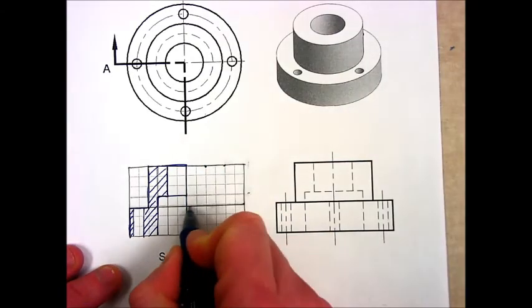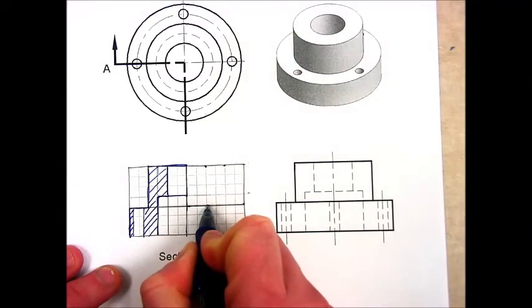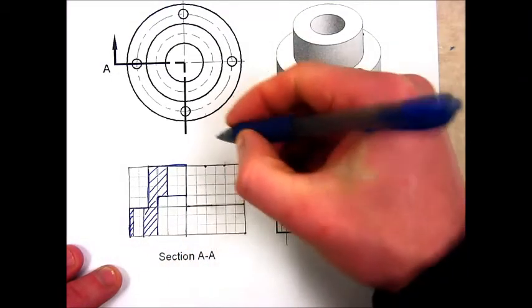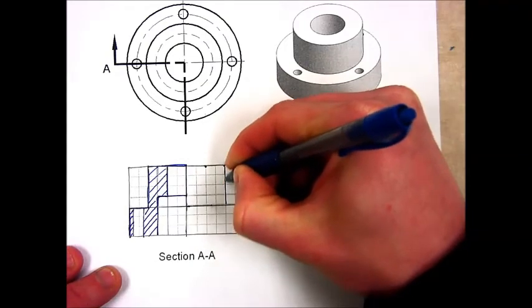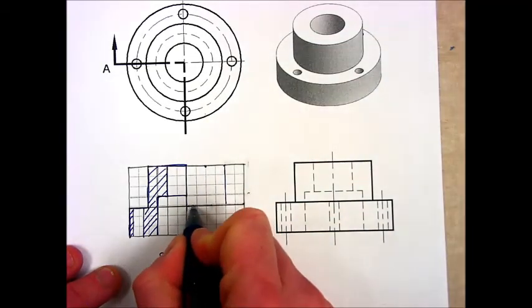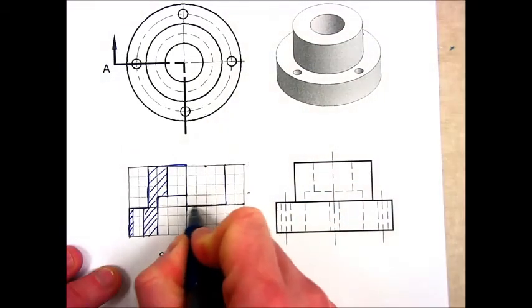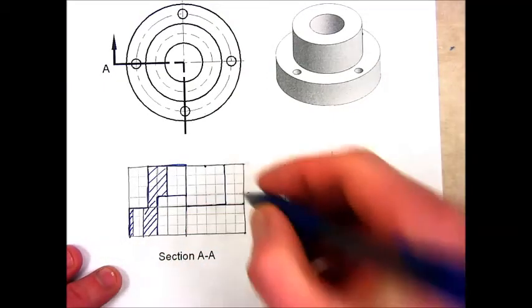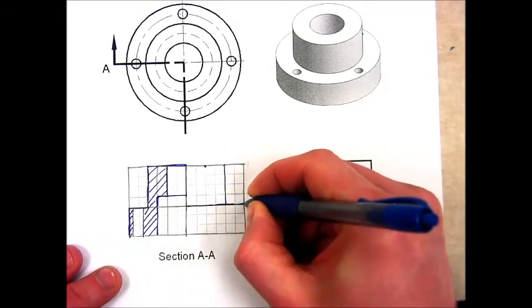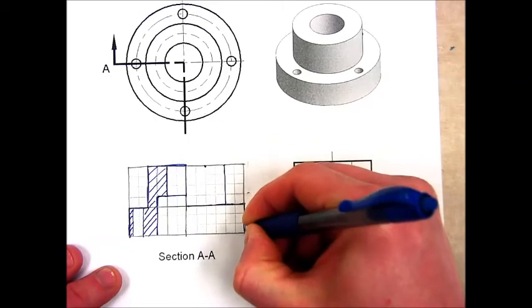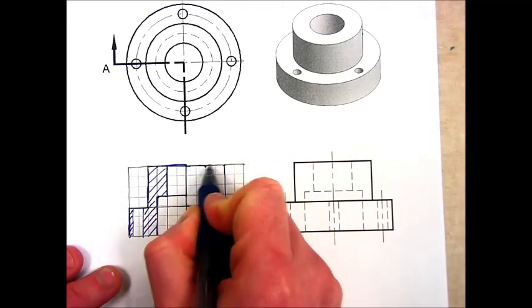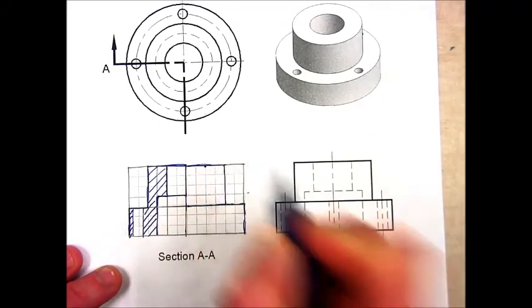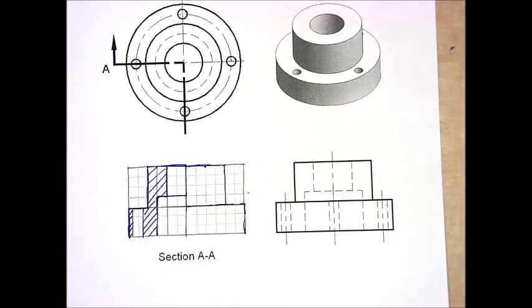And I'll draw this line over, and we won't worry about putting any hidden lines on this because we're showing the lines that we need in the sectional view. Okay, so that's it. That's what the sectional view should look like when you're finished with it.